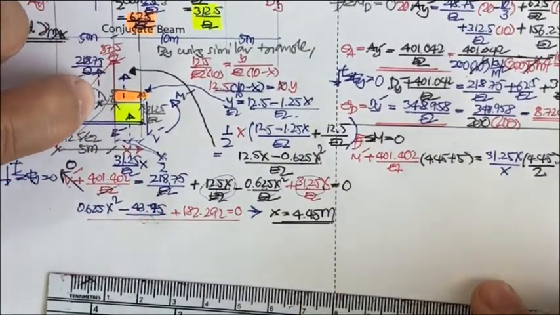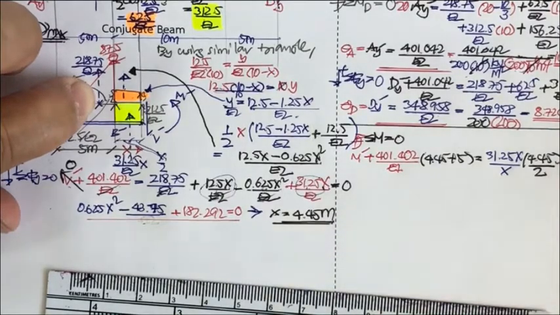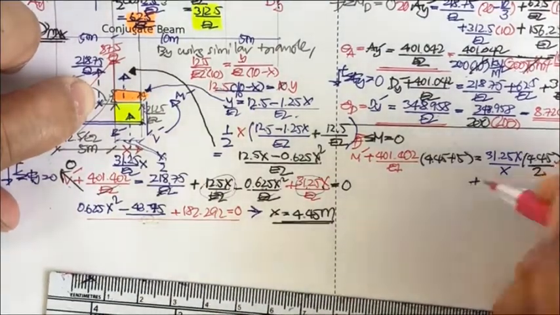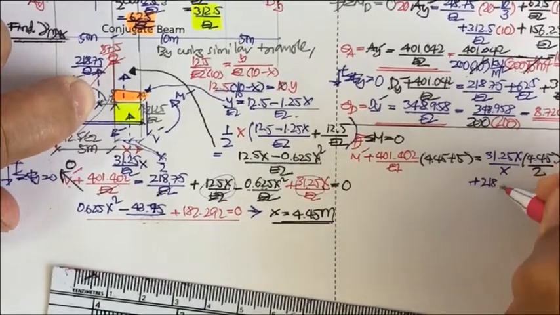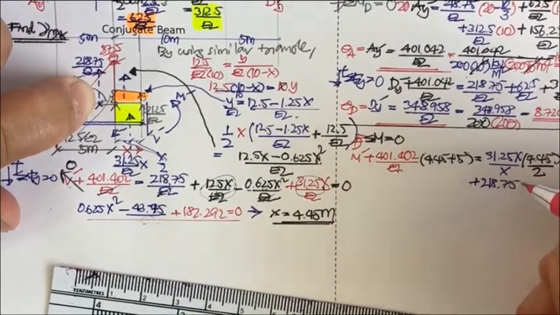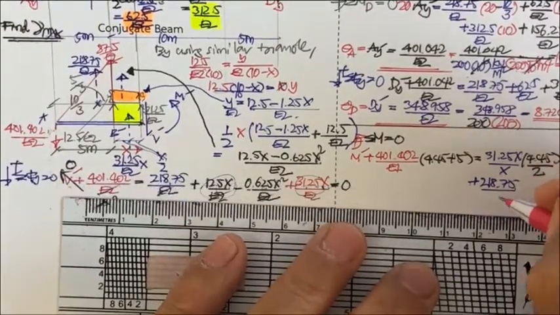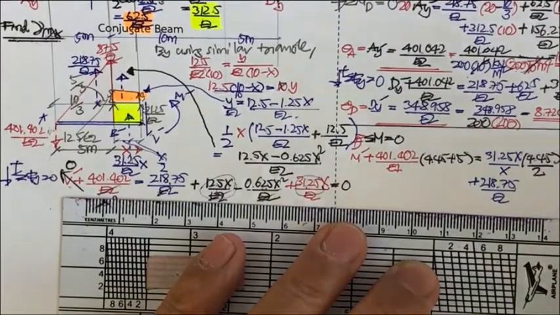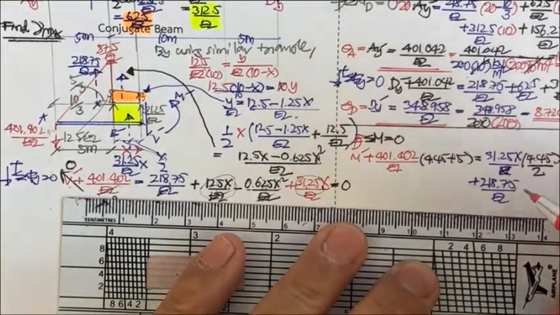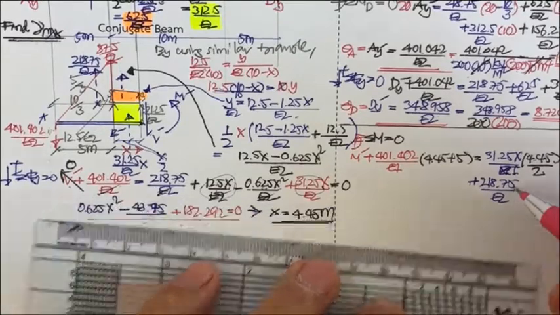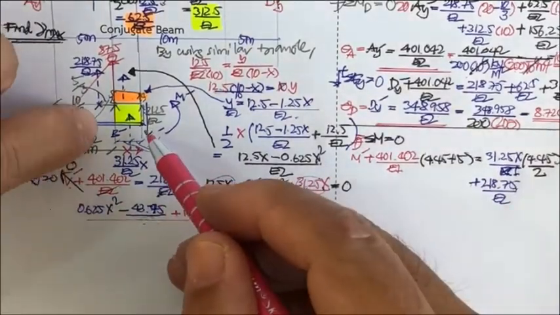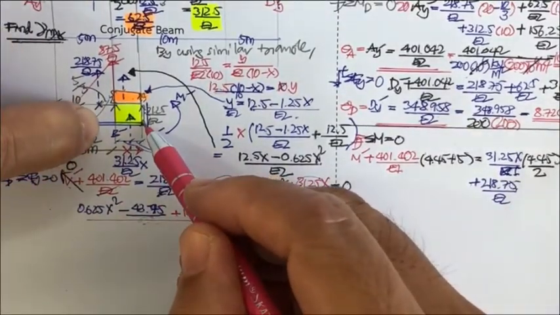this one, it's going to be 1 plus 218.75 divided by EI. Okay, this is EI. And going to have what? This one to this one. It's harder.